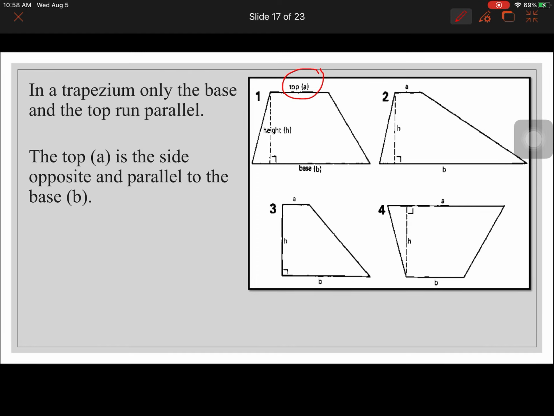Kahit anong position yan, basta ang nasa taas ay tinatawag na top, which signifies letter A. While the height ay laging nandito sa right side. Ayan po. Height. While on the base ng trapezium nyo, ang laging nandito sa ilalim.